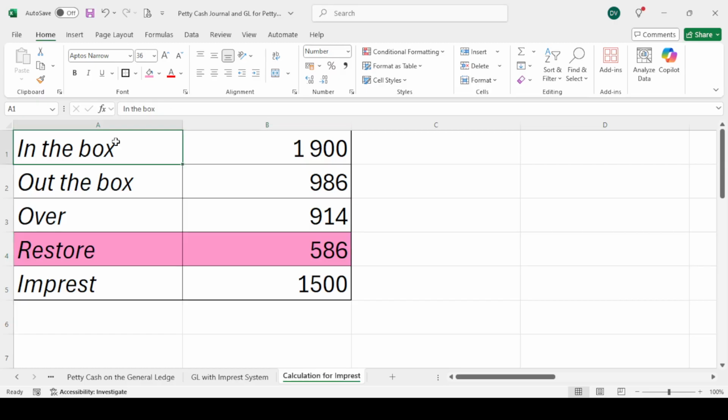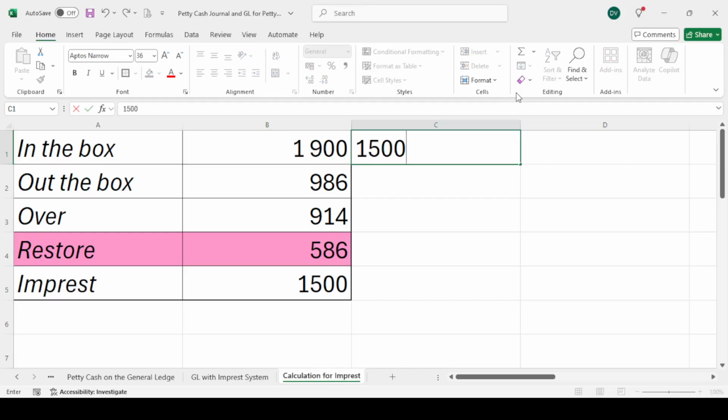Guys, if you're going to use this formula, you won't make a mistake. You just stick to this, what's in the box. And when I'm talking about in the box, let me type it on the side here. It's your 1,500 Rand plus the 400 Rand that the owner topped up during the month of April.